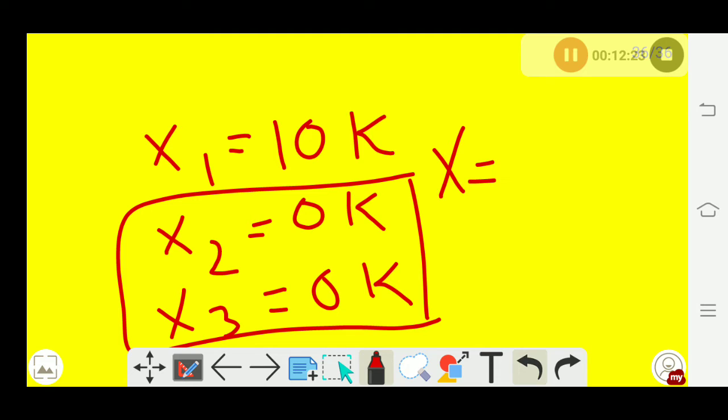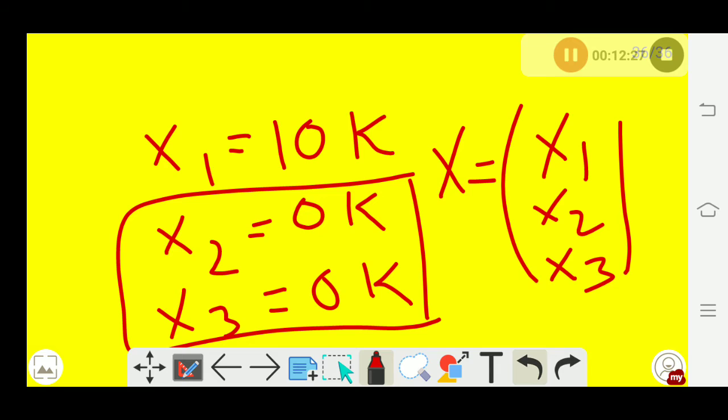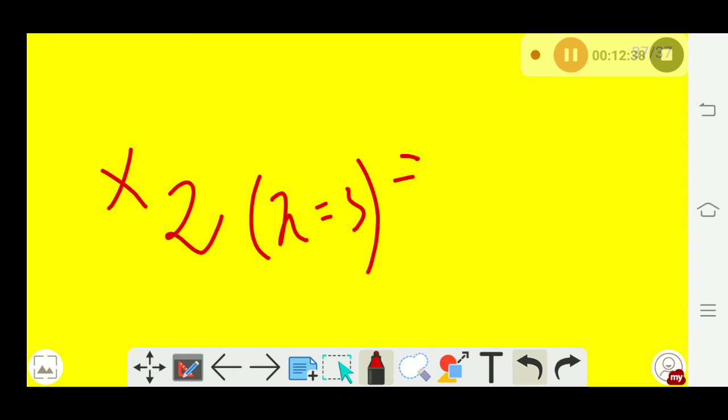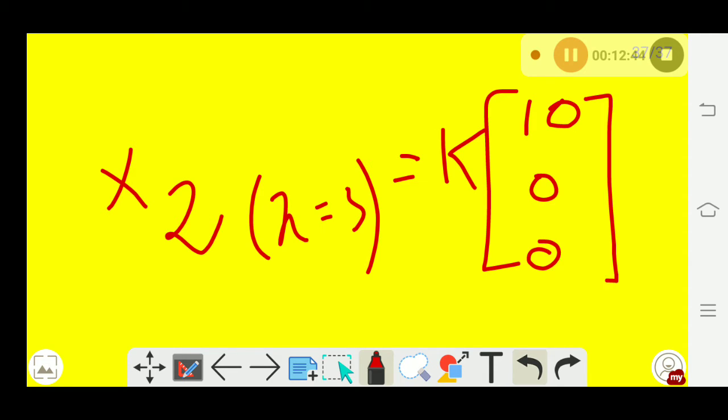So the value of x is going to be x1, x2, x3. So x2 corresponding to lambda equal to 3 is given by k times 10, 0, 0. Okay, so this is the answer.